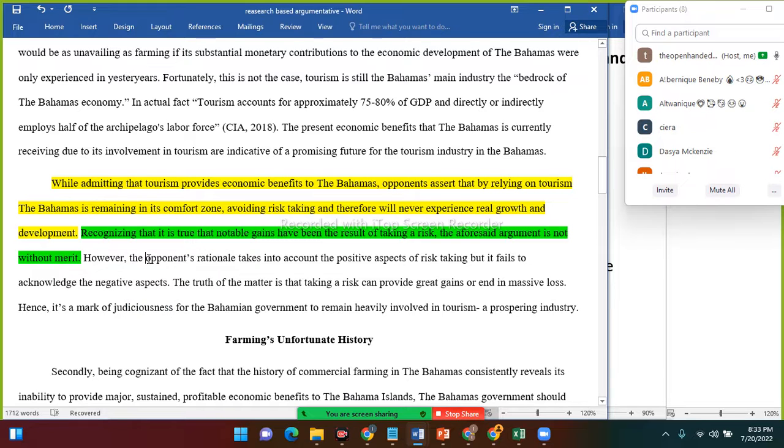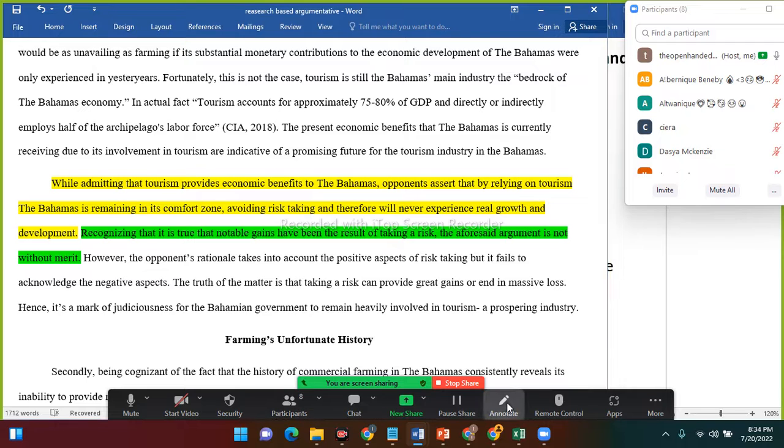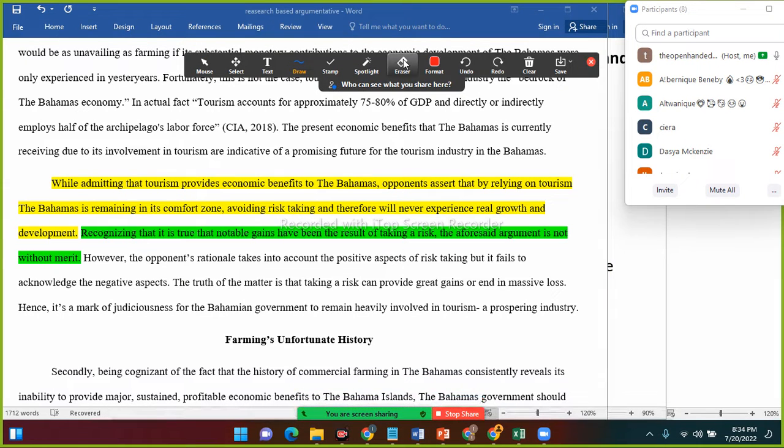I said, recognizing that it is true that notable gains have been the result of risk-taking, the aforesaid argument is not without merit. What did I do here? Anyone? Look at your notes.